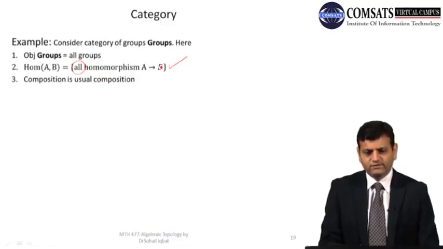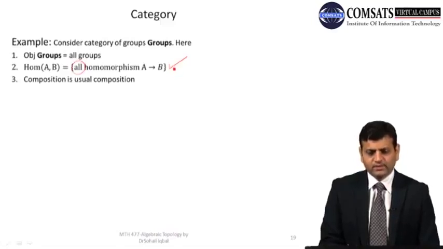In this example we have taken the morphisms to be all homomorphisms. Of course it's our choice, as long as they satisfy the axioms or conditions of the category, we can take this set to be any set of morphisms. Here we have taken hom(A, B) to be the set of all homomorphisms from A to B, and the composition is usual composition.